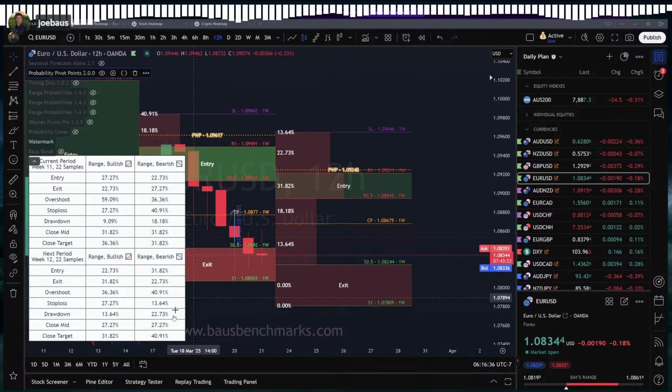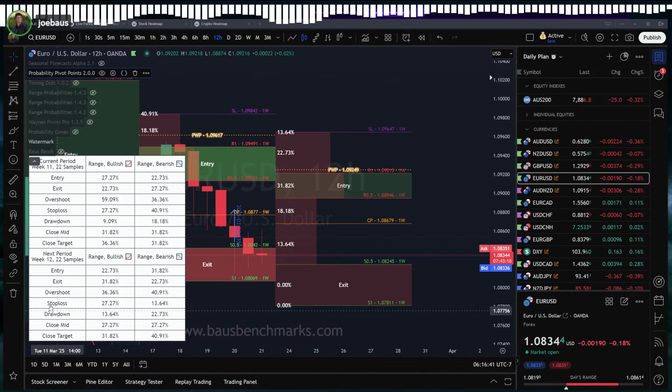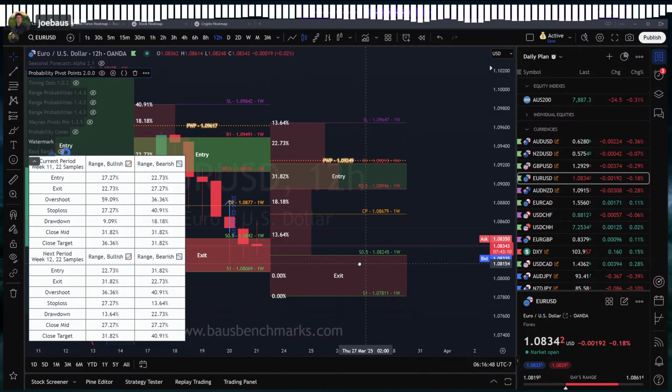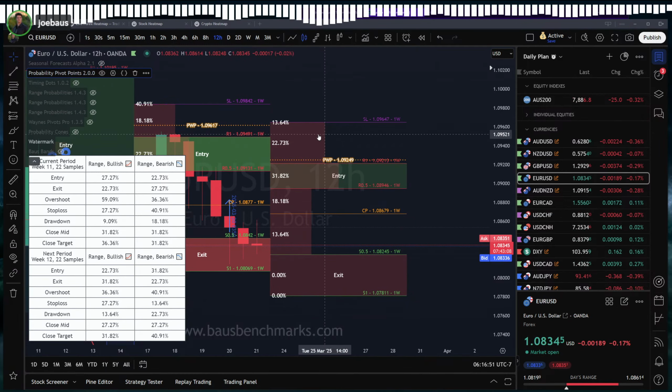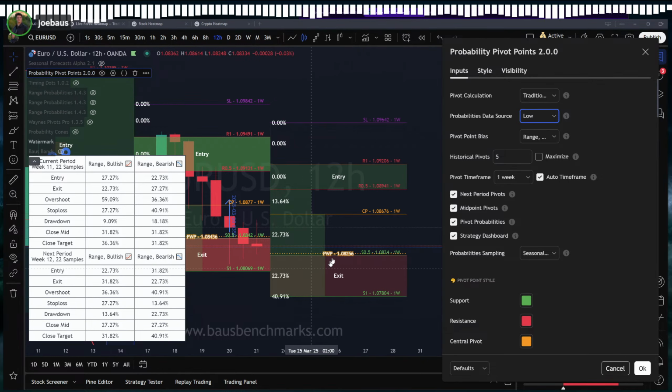So yeah, here in the bottom left-hand corner of the stream, you can see all these different statistics for overshooting a target, hitting the exit, and generally speaking, what a lot of guys will do is they'll look at all of the probabilities bin by bin and check, oh, what's the odds that we get our top here, and what are the odds, now that I've changed the data source to low, what are the odds we get our low down here, right?